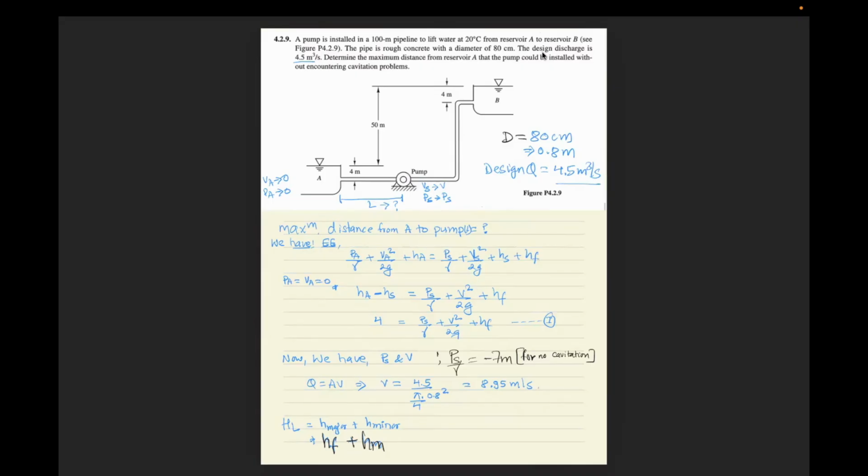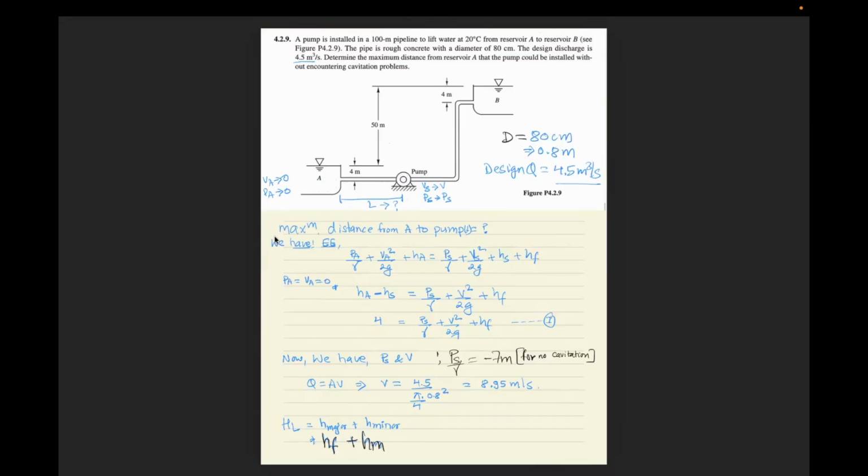A design discharge is also given, which is 4.5 meter cube per second, and the diameter of the pipe is 80 centimeter, which is 0.8 meter. Our main intention is to find the length from reservoir A to pump P.